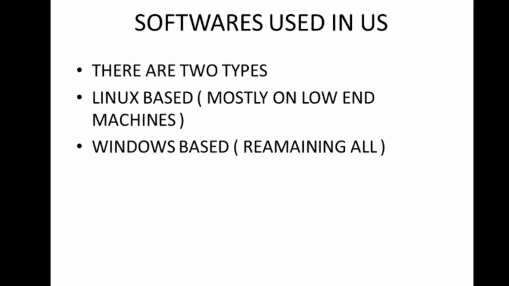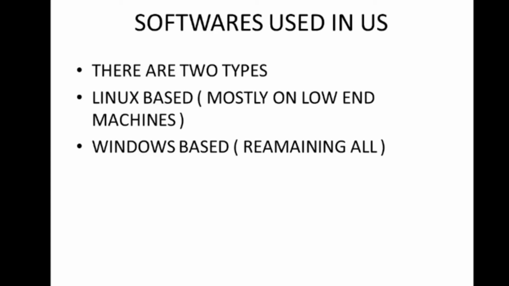In Windows based there is one more advantage: they can use as many ports as they want. There will be at least 4 ports in almost all machines, and if not, at least 3 ports for each and every machine. Without 3 ports, there won't be any Windows based machines.